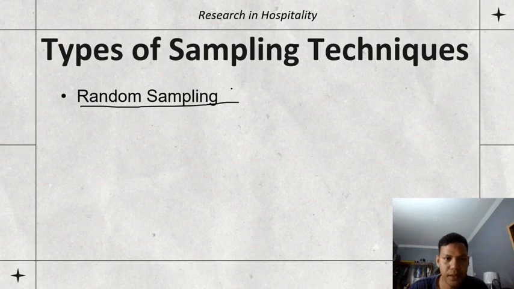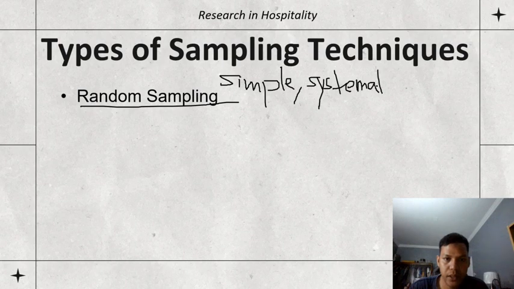Okay, so I think I need to write here. First is simple random sampling, we also have systematic, so I'm not going to discuss each of these different types of random sampling because we only have limited time.